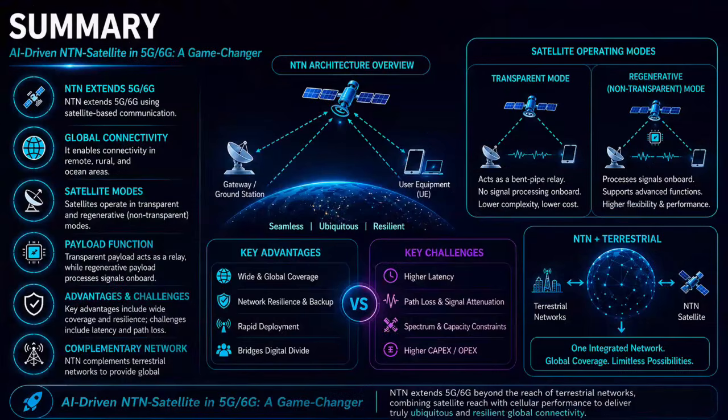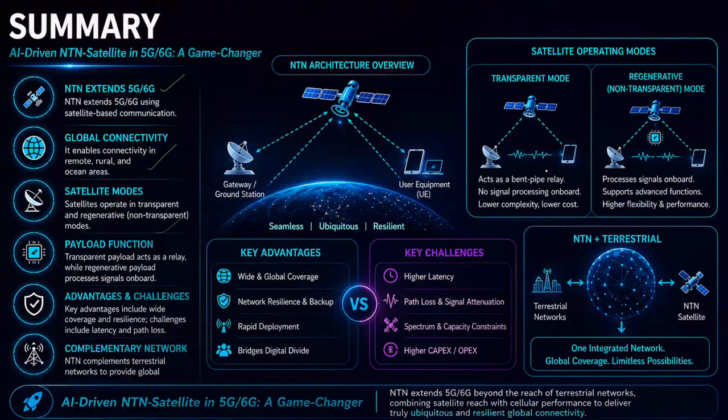Right? So let's summarize the topics we have covered today. We covered how NTN extends 5G and 6G coverage, and how global connectivity can be possible with the help of NTN for remote areas, rural areas, and oceans. Then we discussed various kinds of modes, like transparent mode and non-transparent mode, right?